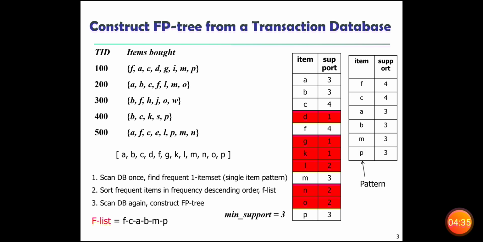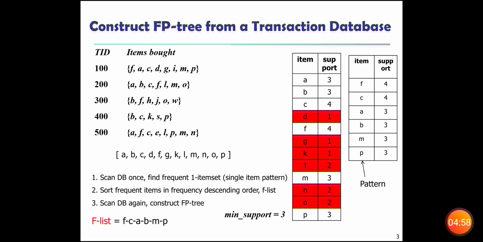For example, D has support count 1, which is less than minimum support. G, K, L are also below minimum support, and N, O have a support count of 2, which is less than the minimum support of 3.